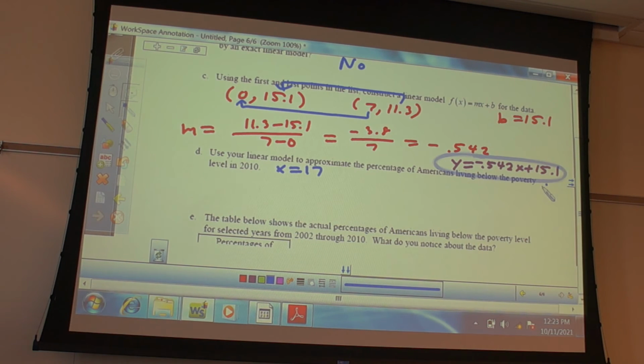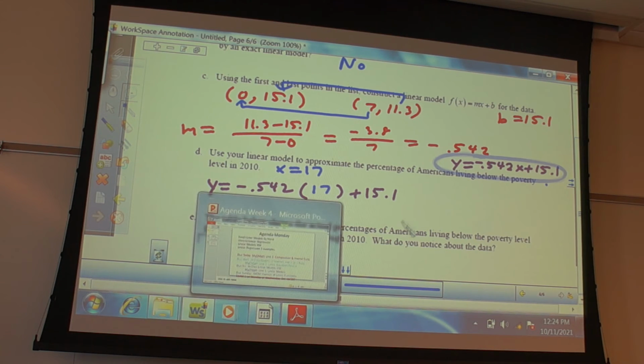So x is 17. You put in 17 for x. Here's my formula: y equals negative 0.542, and I'm going to put a giant parentheses where x is, plus 15.1, and inside I'm going to put 17.